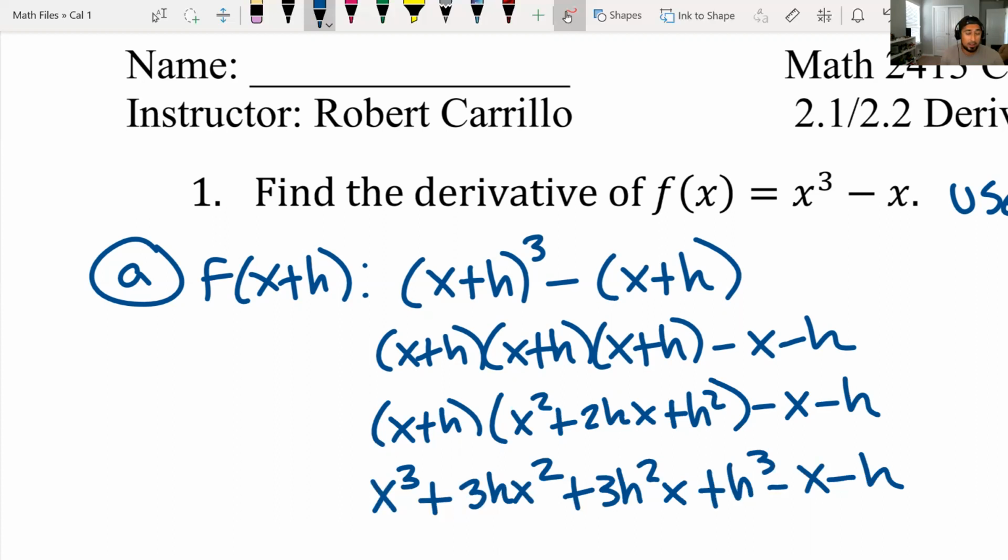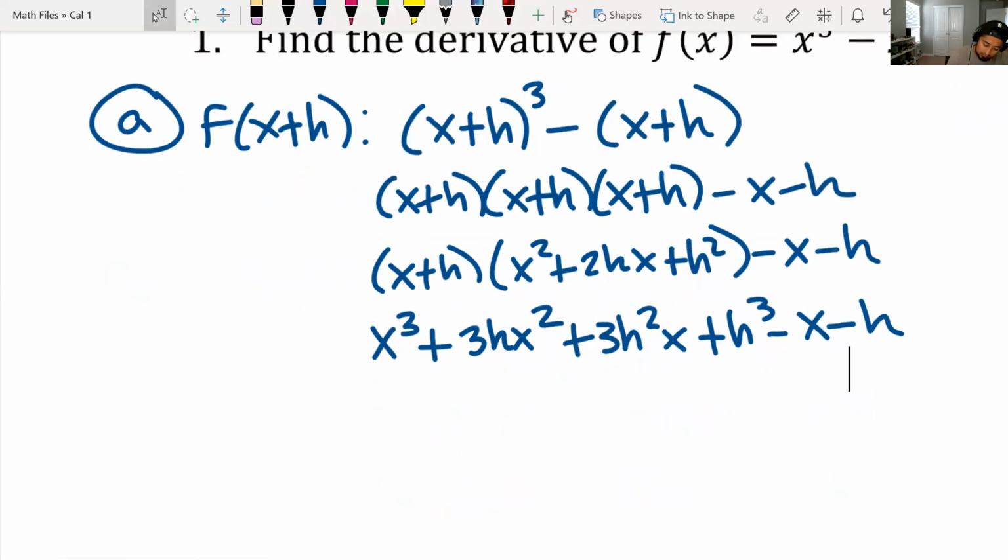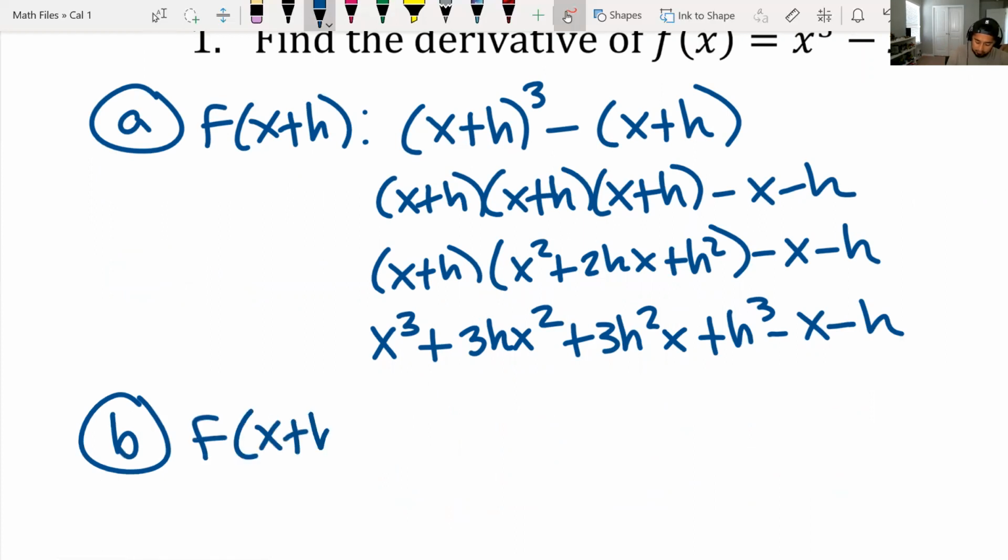And normally in step A, there is nothing we can do here. We cannot combine any like terms at the very end. So we move on to step B. Step B, what is f of x plus h minus f of x? Well, did we find f of x plus h? Yes, we did.